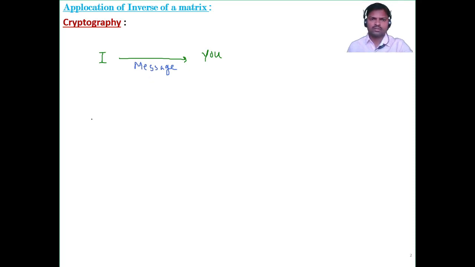For this, I want two square matrices. You can take any 3 by 3, 4 by 4, 5 by 5, whatever. Call this matrix A. This is one matrix, and the other matrix is its inverse. I want the inverse compulsorily. Let us take A as non-singular, then only the inverse exists.